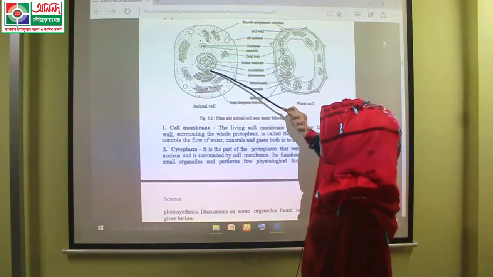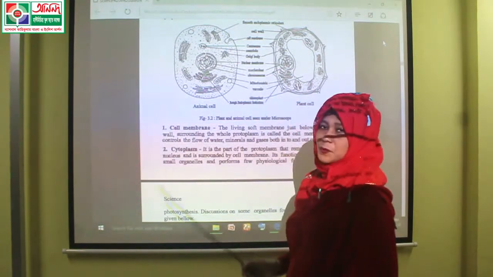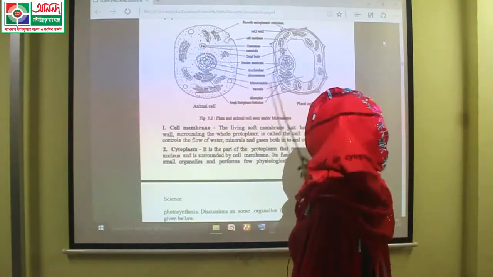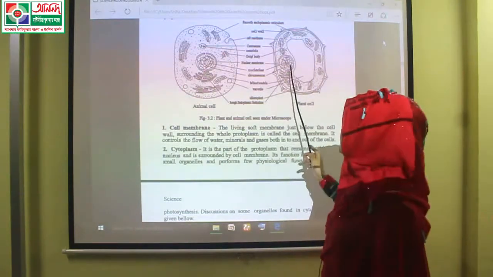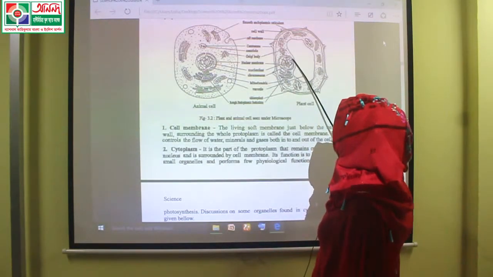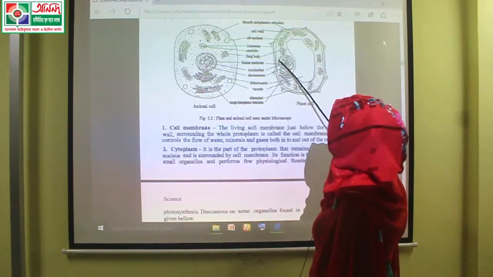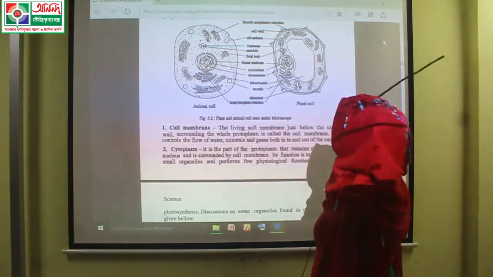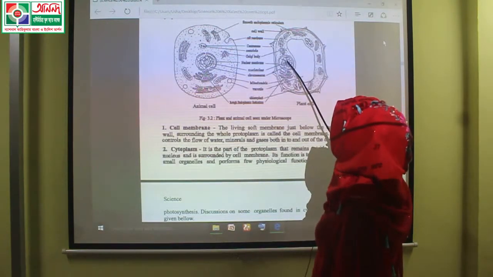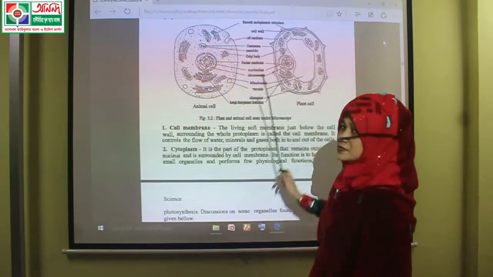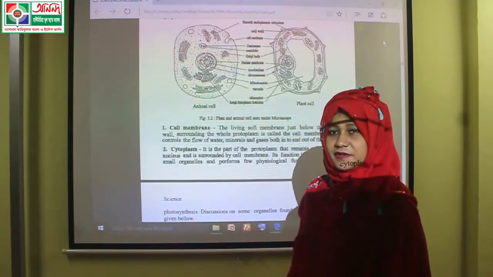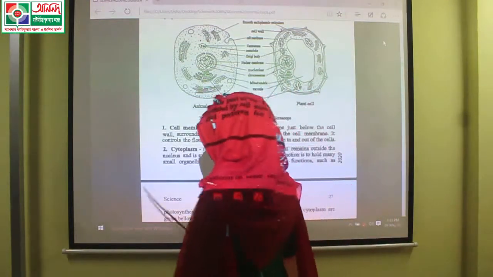There is a pore hole; these pores are known as nuclear pores. Same in case of plant cells. This is the nuclear membrane, nuclear pore, nucleoplasm, nucleolus, and these thread-like structures are chromatin fiber. Okay. Should I repeat?